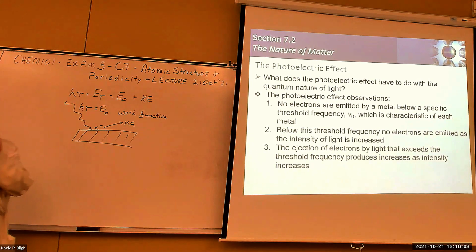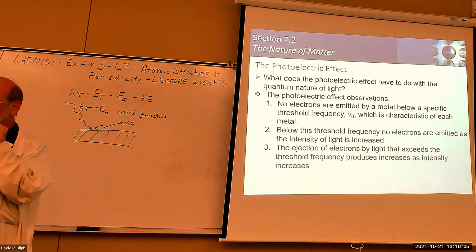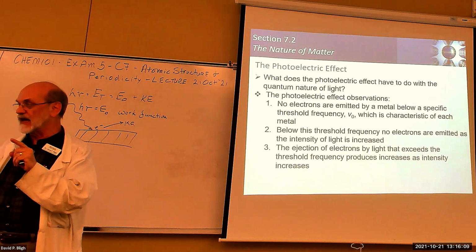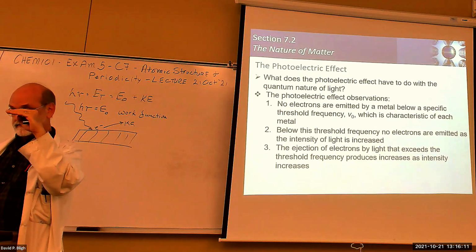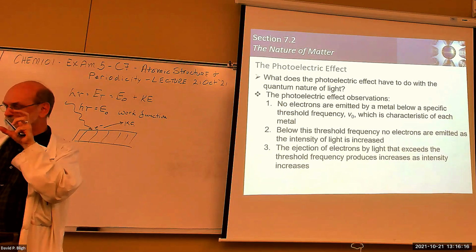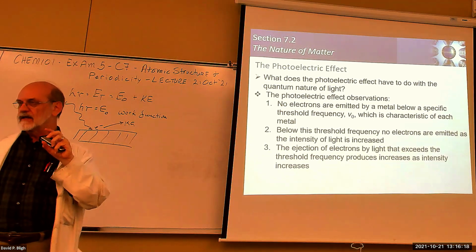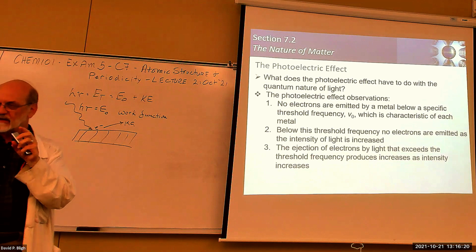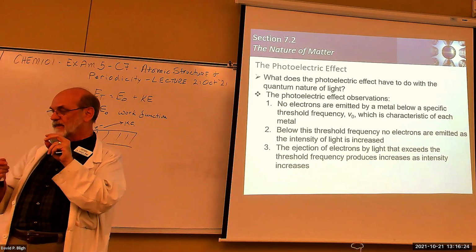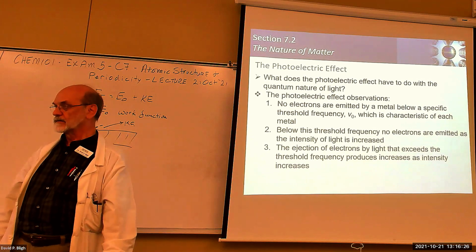Now, what Maxwell's equations should have done was predict that if we increase the intensity of the light at the same wavelength, right? We're not changing the wavelength, we're making the light stronger. Then Maxwell's equations predicted that at a certain intensity, you'd start ejecting electrons. But that doesn't happen.